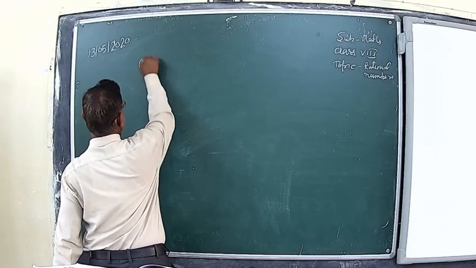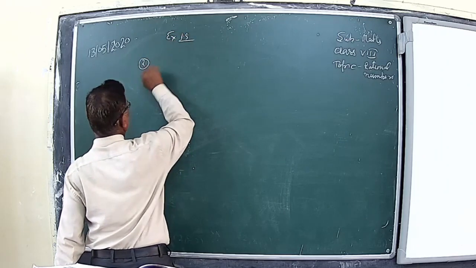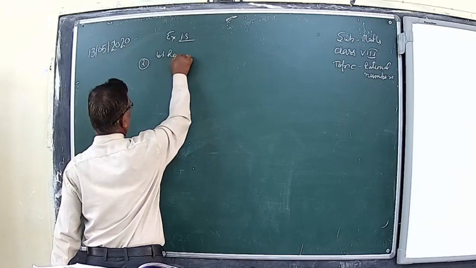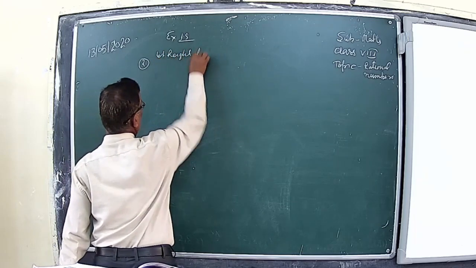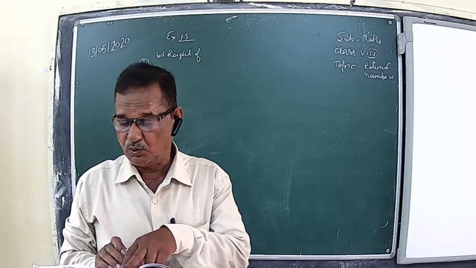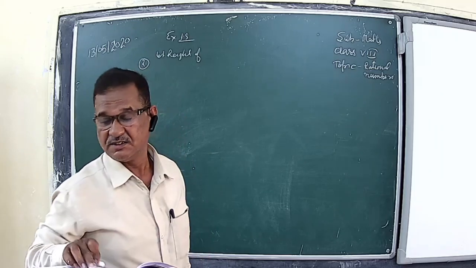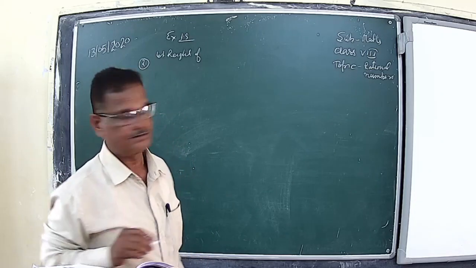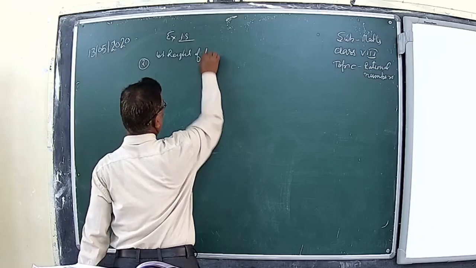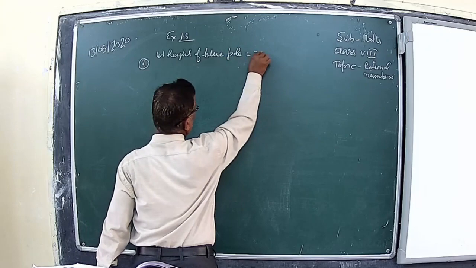Question number second, exercise 1.5. Let the height of the blue pole be x. Height of blue pole is equal to x meter.